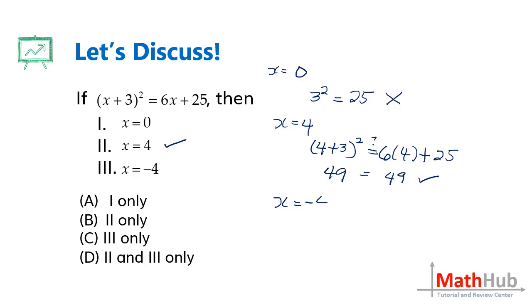So we have negative 4 plus 3 squared. Is that equal to 6 times negative 4 plus 25? So this is 1, which is 1 also. So the answer is 2 and 3. So it's letter.